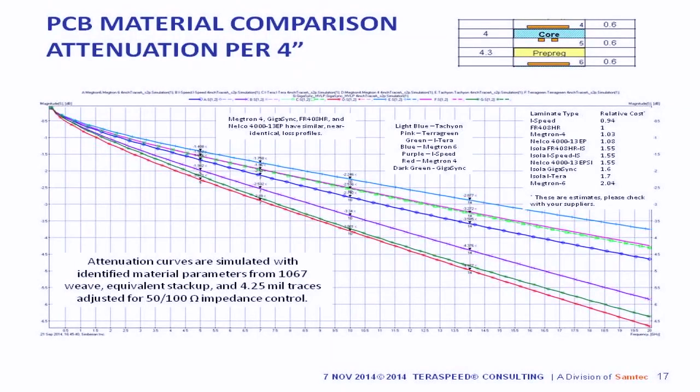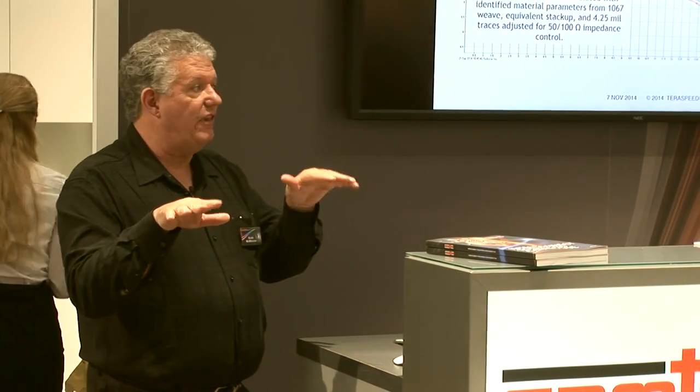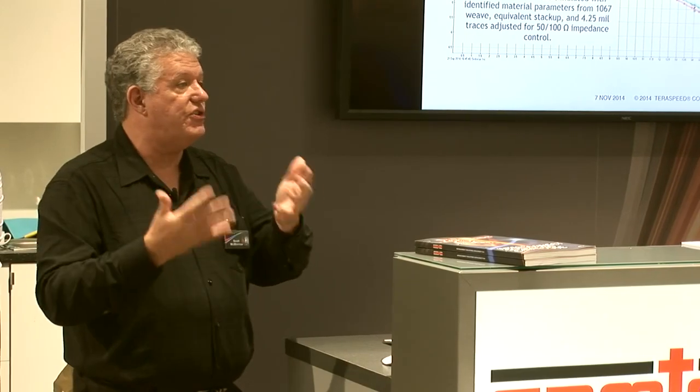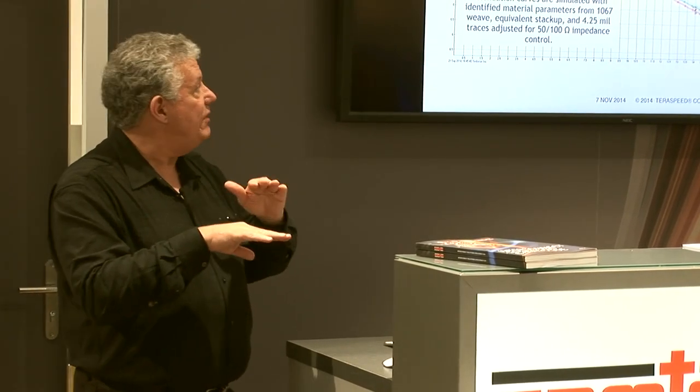Now, GigaSync is a brand new class of materials created by Isola, which is engineered to be a zero skew material. It is engineered with glass and fiberglass and resin to have exactly the same dielectric constant. So in any direction, it is a flat material that has exactly the same dielectric constant. I've measured it. It's very, very close to being a skew-free material.